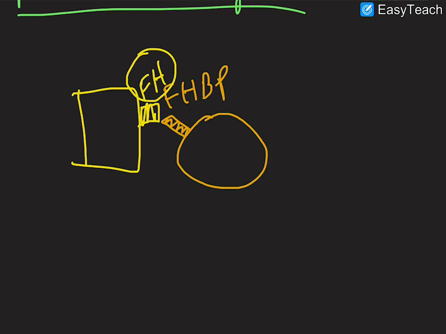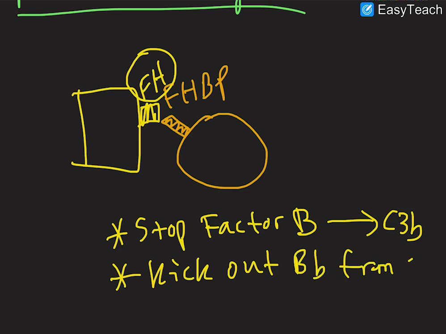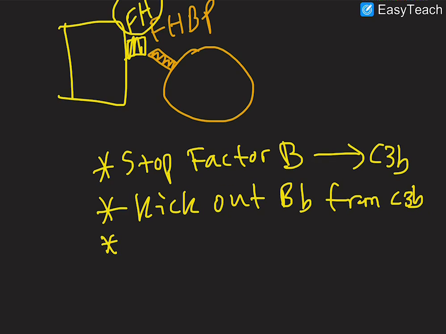What does it do? It's going to stop factor B from binding to C3b. It's going to help kick out or dissociate Bb from C3b, and it's going to activate factor I, which will help cleave C3b into iC3b, right?